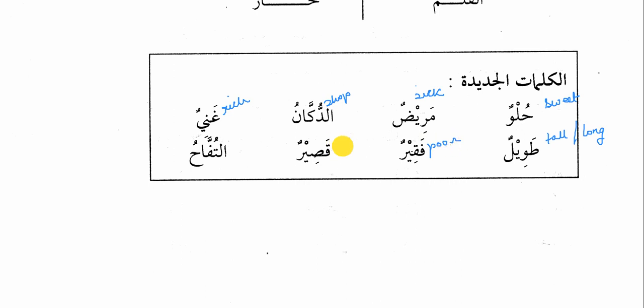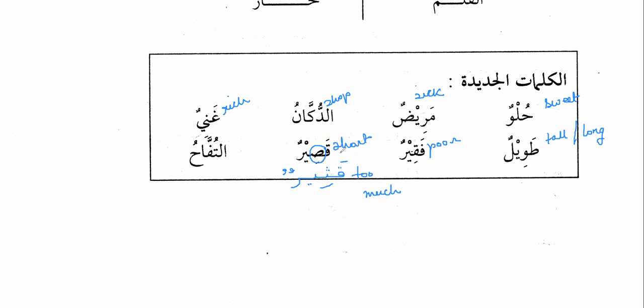Kathir is too much. What is the difference between qasir and kathir? There are two words and they sound similar, but there is a difference in one letter. It's qasir with a sad, and here it's kathir with a light tha. Kathir means too much and qasir means short.